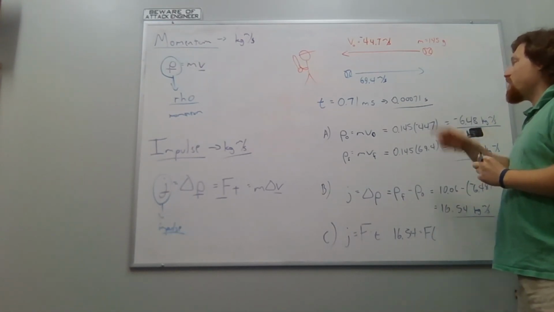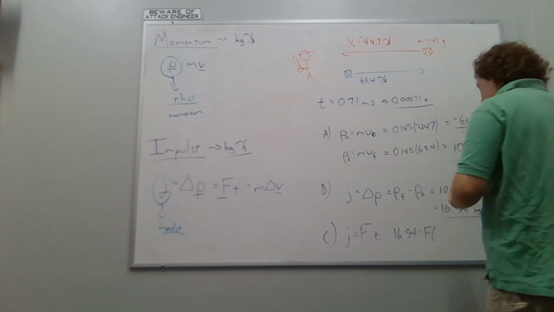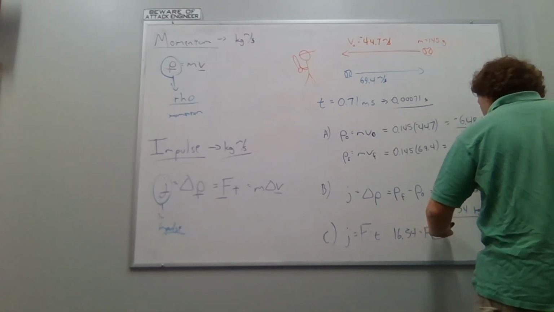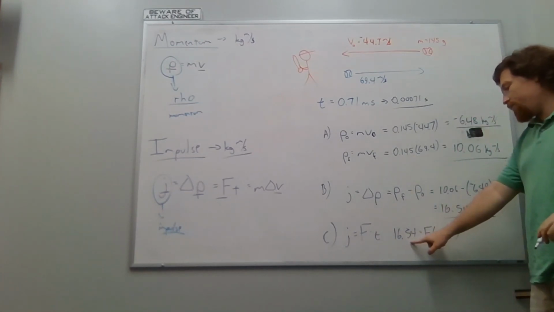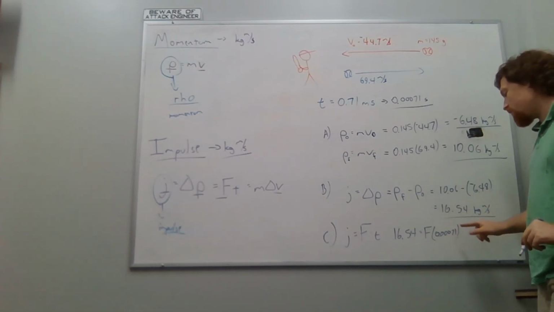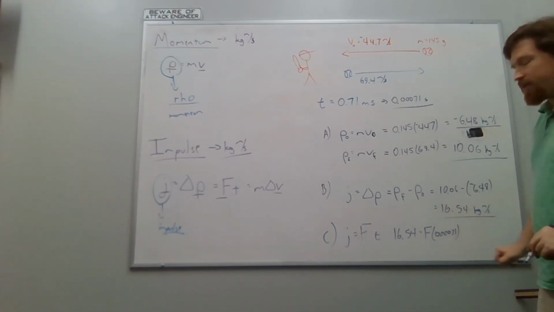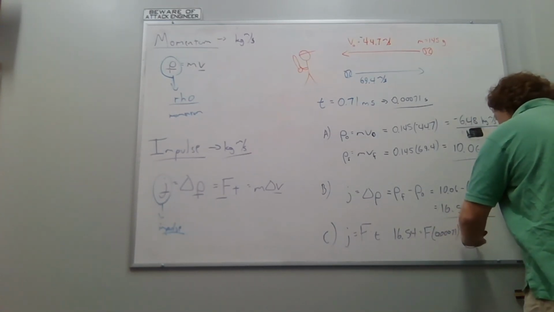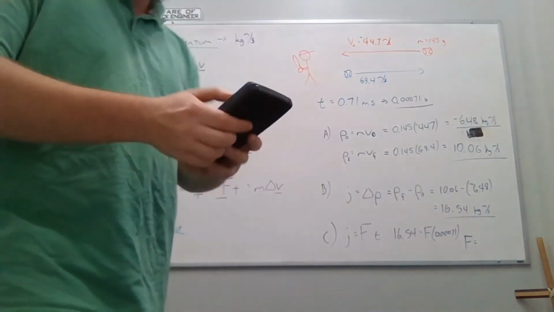That means that the number of seconds here is going to be even smaller. So, we have 16.54 equals force times 0.00071. We need to divide both sides by 0.00071 to get our final force. I'm going to show you that in my calculator. And that's going to give us our final number.